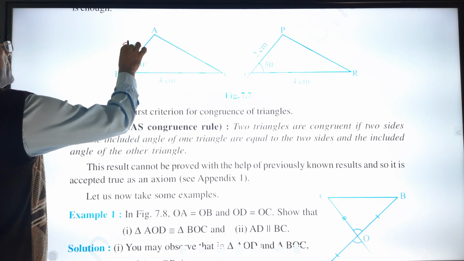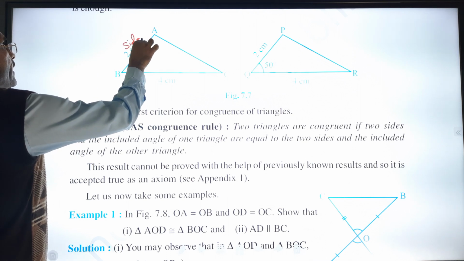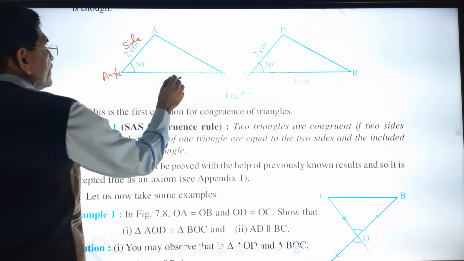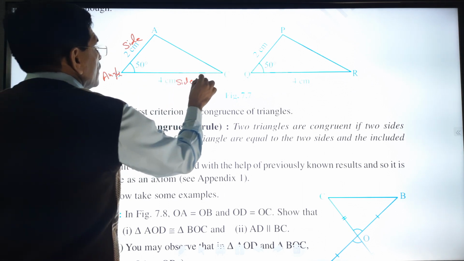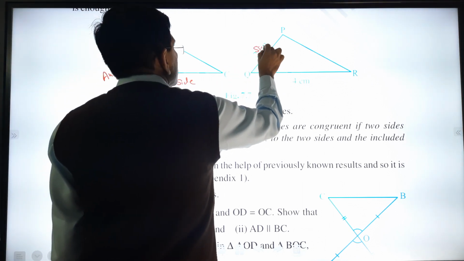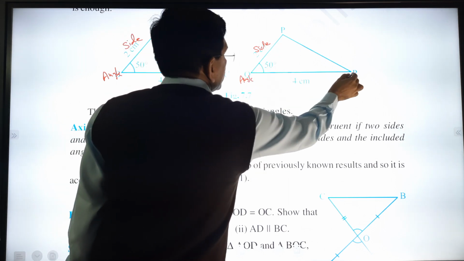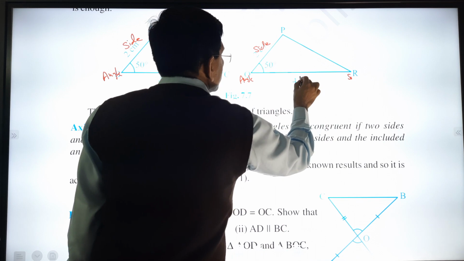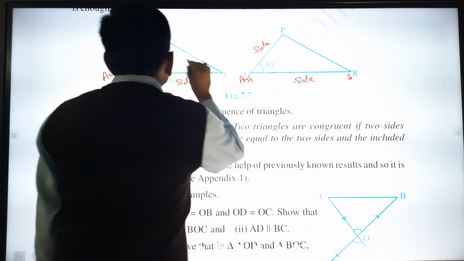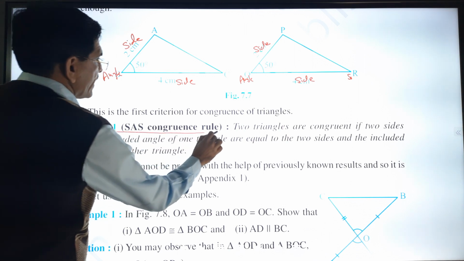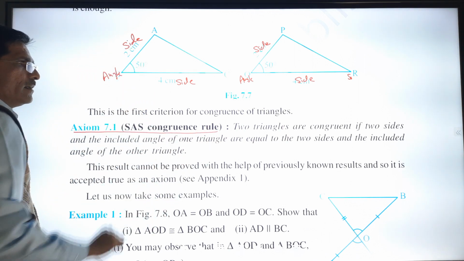Here it is side, here it is angle, here it is side. Again here it is side, here it is angle, here it is side. So we can say side, angle, side. So first rule, SAS rule, side, angle, side.